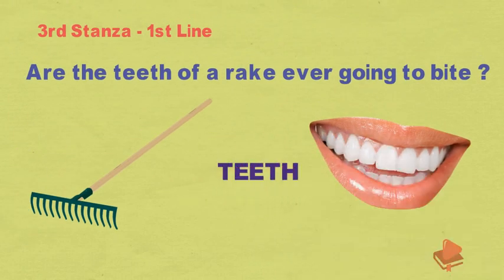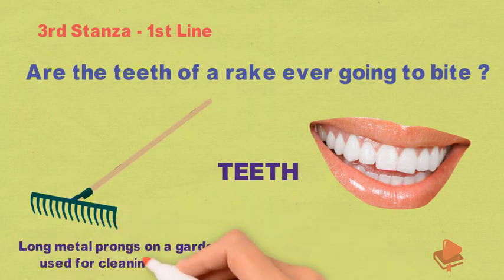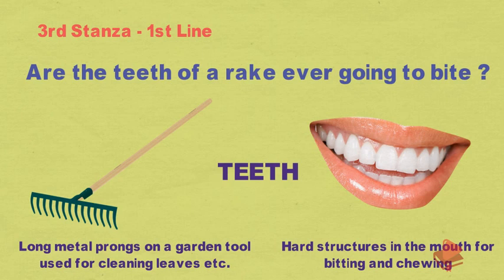So the homograph here is teeth. On one side you can see the long metal prongs on a garden tool used for cleaning the leaves, and on the other side you can see the hard structures in the mouth for biting and chewing. So here teeth is a homograph.